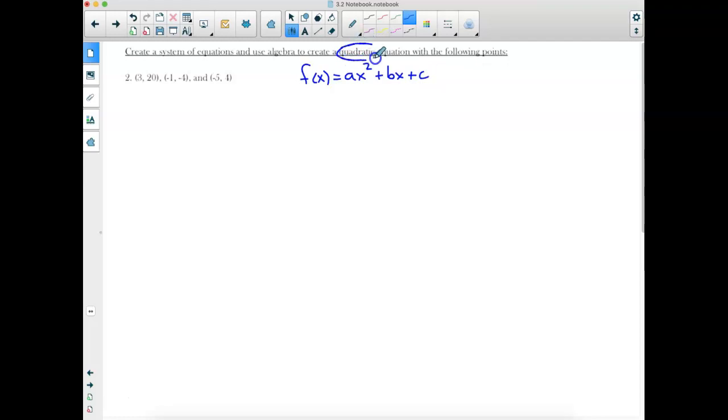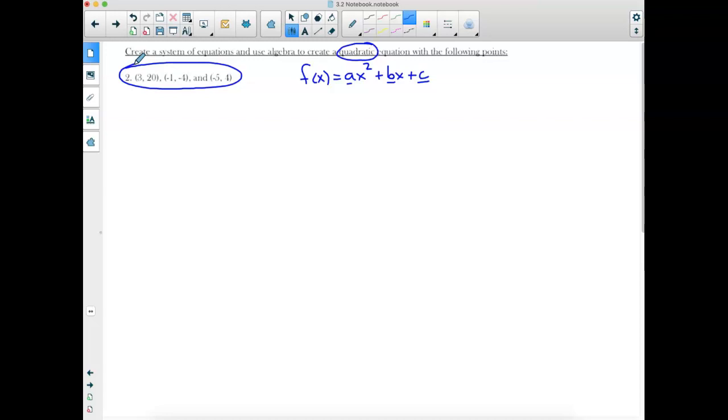They're telling me that. Because I have 3 unknowns, I'm going to need 3 separate equations to find A, B, and C. And as I look right here, these points are not at all unique, meaning they are not the vertex, they are not x-intercepts, they are random rogue points.